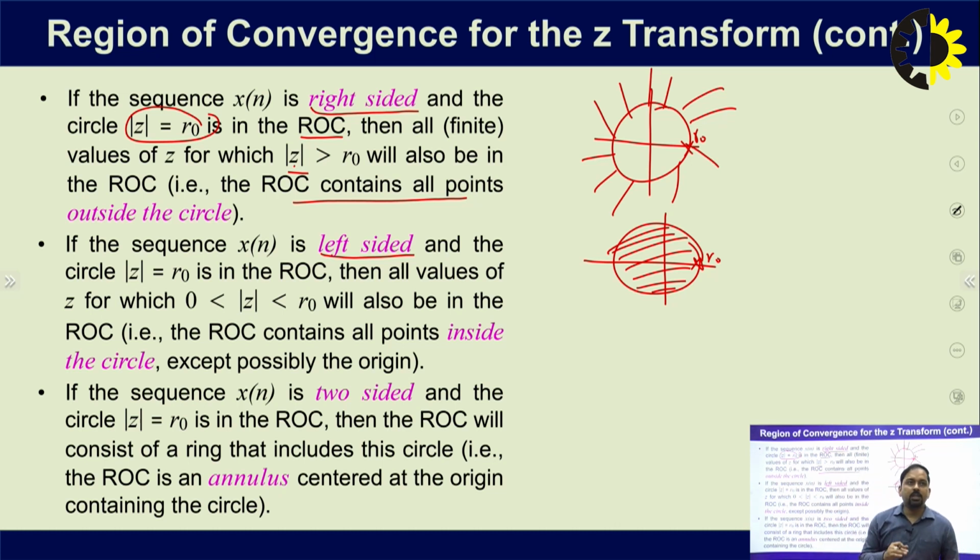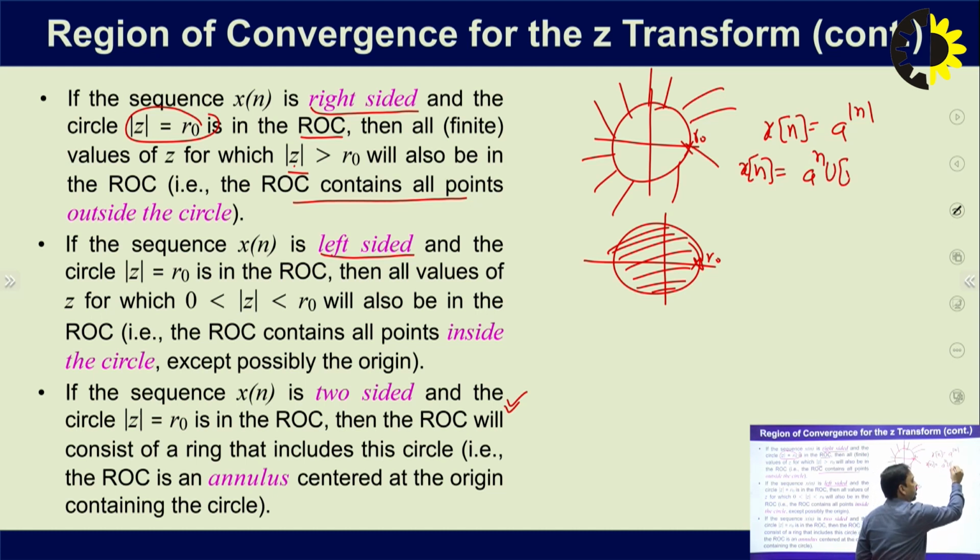Next, after the right sided and left sided, we have an example where x[n] is both sided. For both sided, a very important example is x[n] equals a raised to power mod n. This can be further written, if a is positive, as a raised to power n u[n] plus a raised to power minus n u[-n-1].